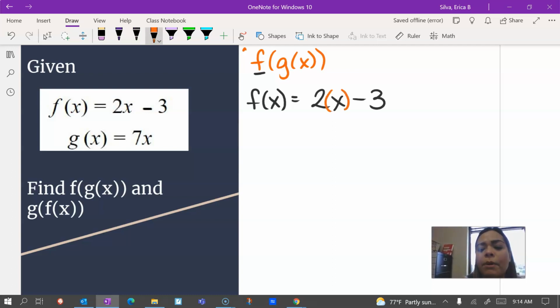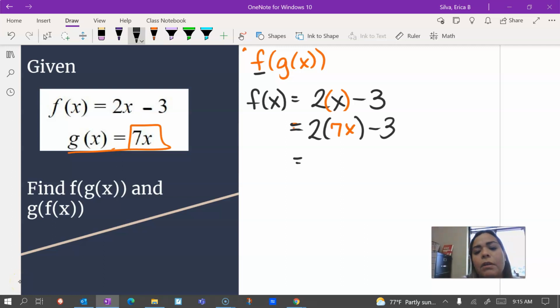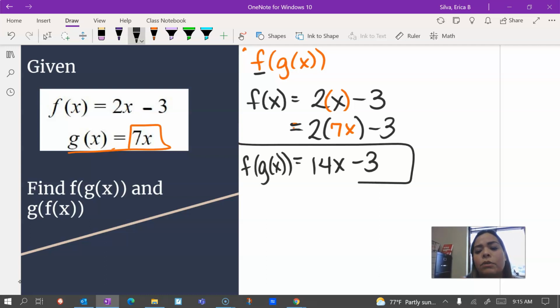Then we want to put parentheses around where that x value is, because that x value is going to now become g of x. So wherever that x value is, we will put g of x, which is 7x. Now simplify. 2 times 7x is 14x minus 3. Because we can't simplify it any further, f of g of x is equal to 14x minus 3.